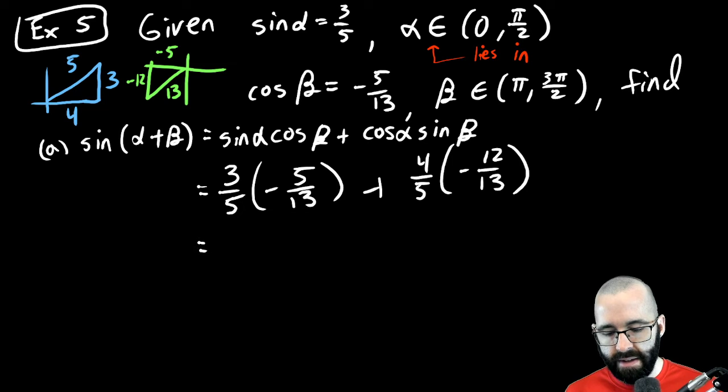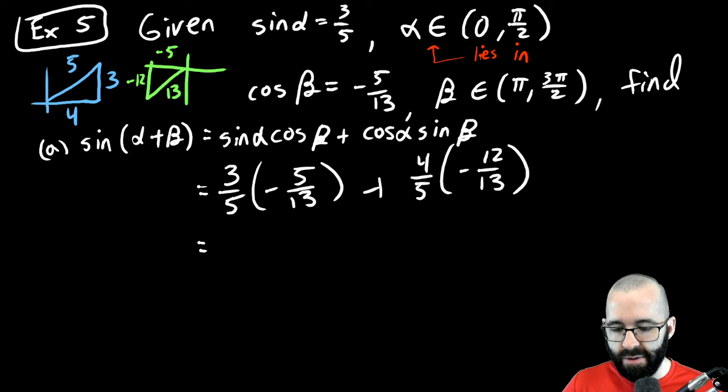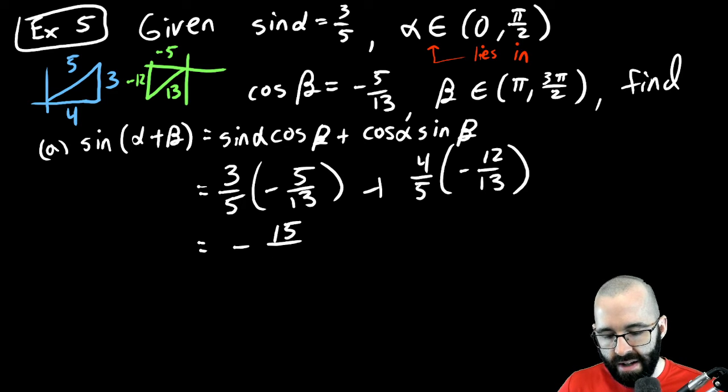And then we just simplify. I'm going to see if I learned my lesson from before. Let's not cancel anything until we combine these fractions, because they already have a common denominator. So let's keep that.